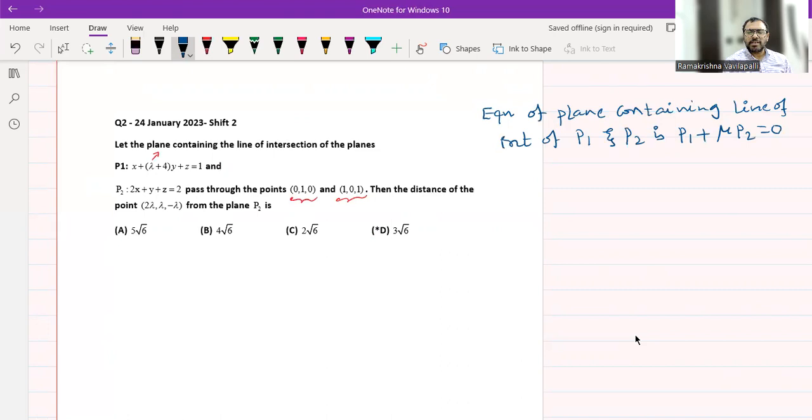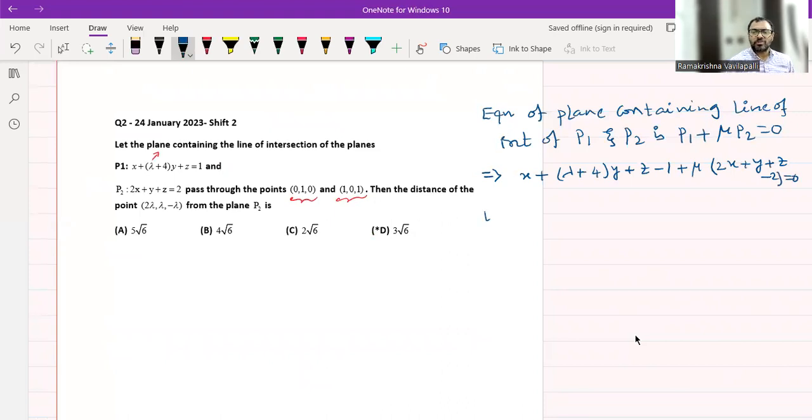So this implies you just need to write the given planes directly. X plus lambda plus 4 into y plus z minus 1 plus mu into the second plane, 2x plus y plus z minus 2 equal to 0.